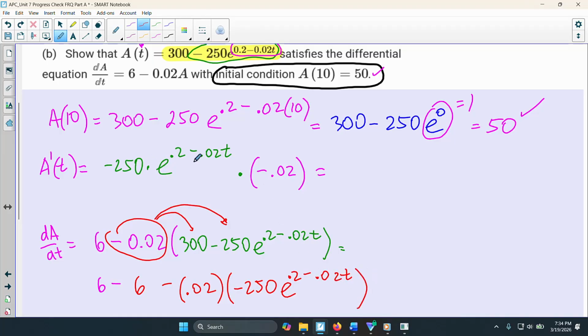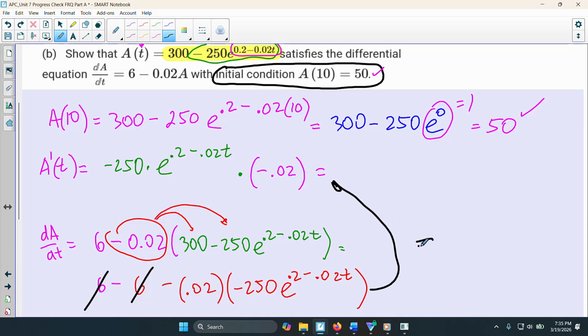Well, that's exactly what we got here. We did a manual derivative right here, and here we just distributed what A stands for, and this equals this because the 6 is canceled out, and the rest of it is the same. In fact, you can literally rewrite that as A equals that.